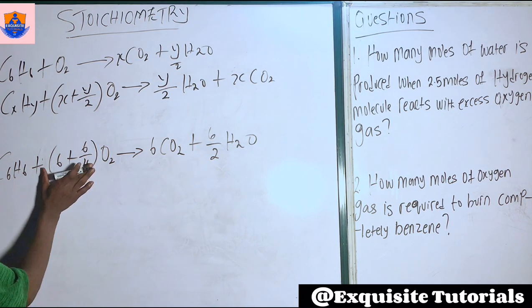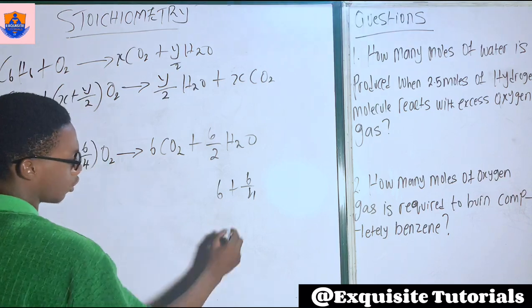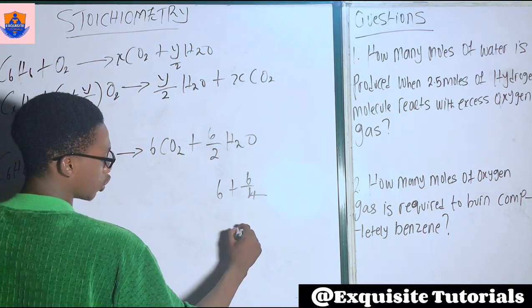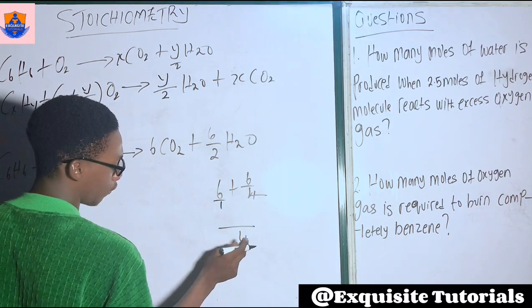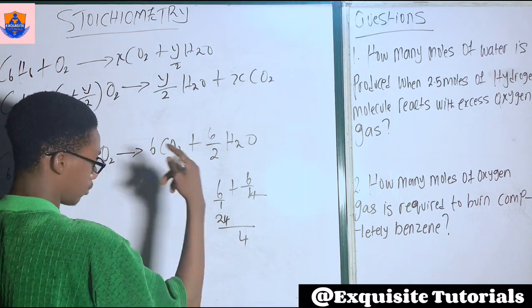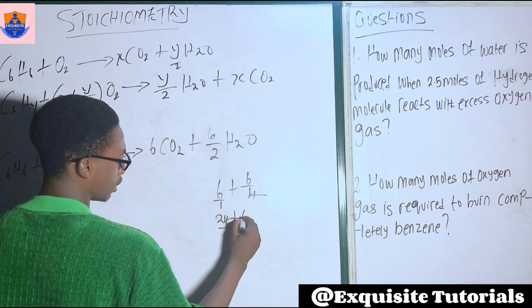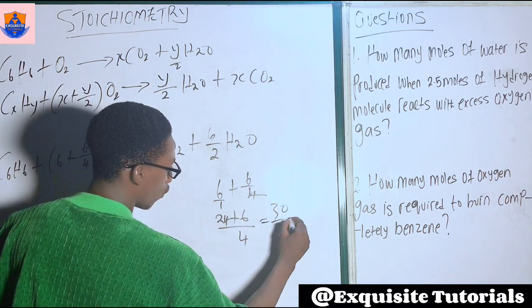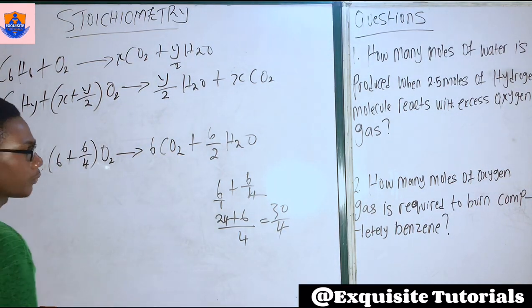Now let's do the summation here. So we have 6 plus 6 over 4. Let's take the LCM directly. 4 over 1 times 6 gives 24, then 4 divided by 4 gives 1 times 6 gives 6. So we have 30 over 4.